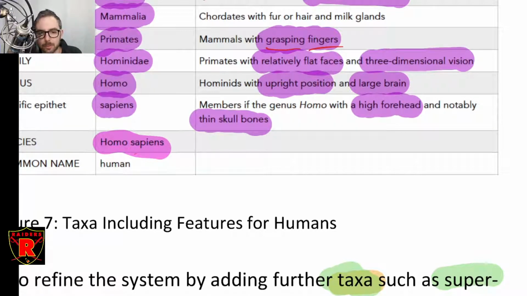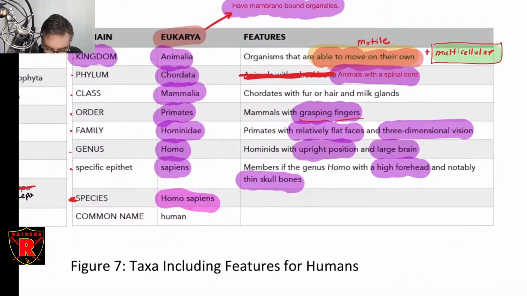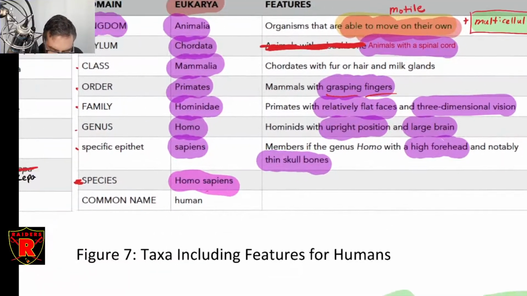That's our main difference between us and the Neanderthals, who have a much thicker skull bone and a relatively protruding forehead. Again, we'll look at that later. But I actually have some example reproduction skulls from a Neanderthal at school. I don't know if I can access those, but I'd love to show you when we get to the human evolution unit.